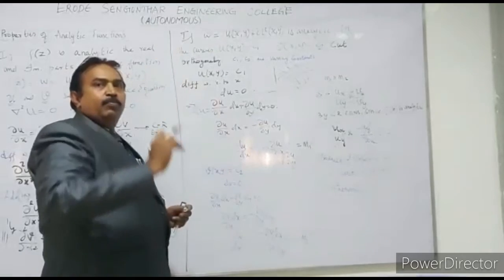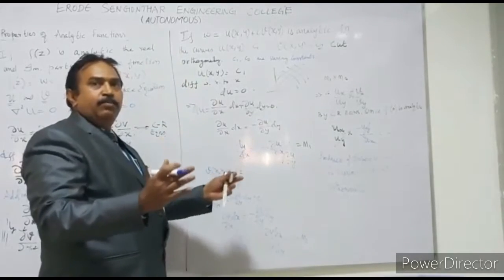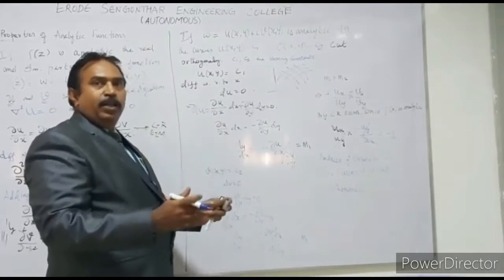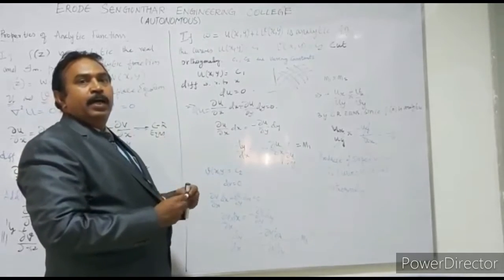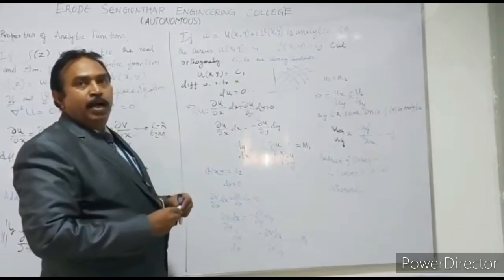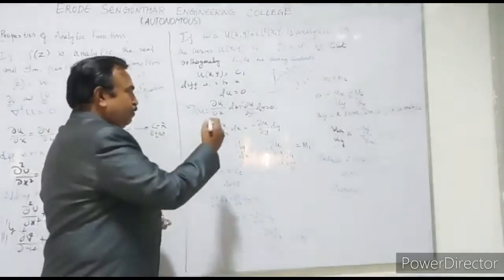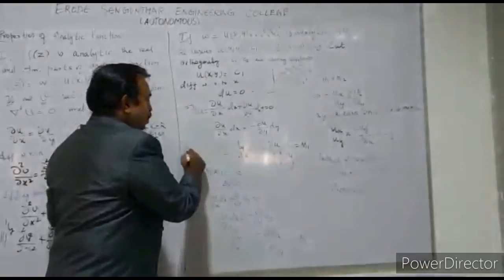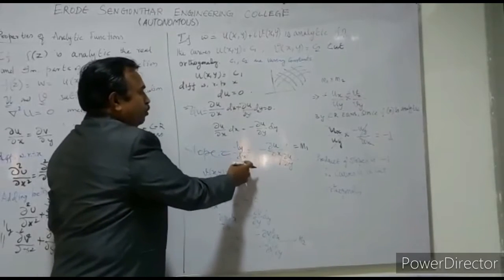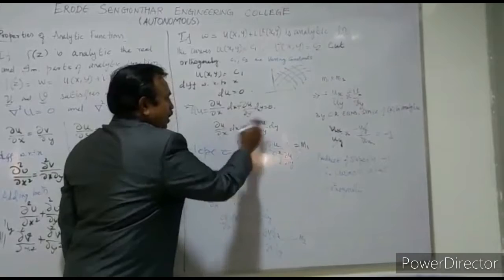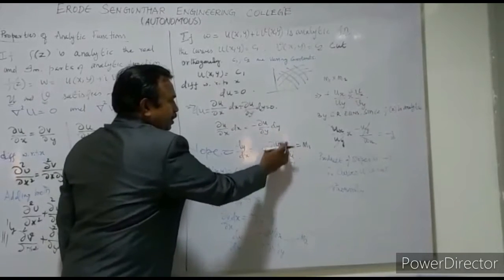Whenever we want to prove that curves are orthogonal, it is enough to prove that the product of the slopes is minus 1. So we are finding the slope. Here the slope of curve 1, dy by dx, is given as minus dou u by dou x divided by dou u by dou y.